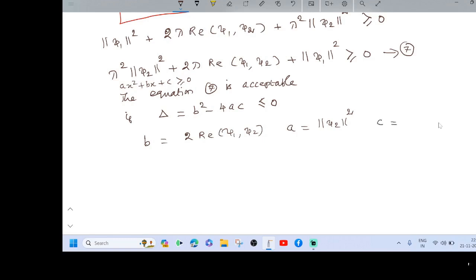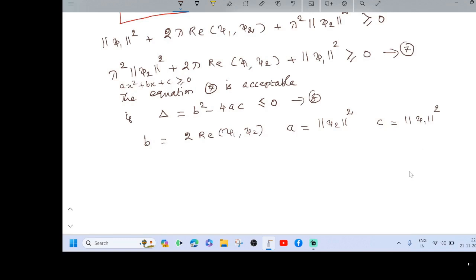C is norm square of psi 1. Now we may apply this condition. So this is equation 8. The equation 7 is acceptable if the value of b square minus 4ac is less than or equal to 0. Only under this condition, the equation 7 is acceptable.